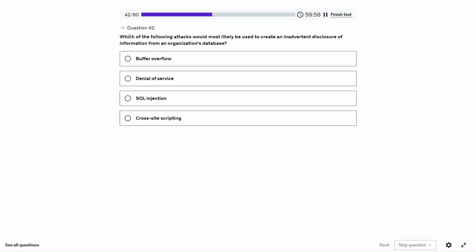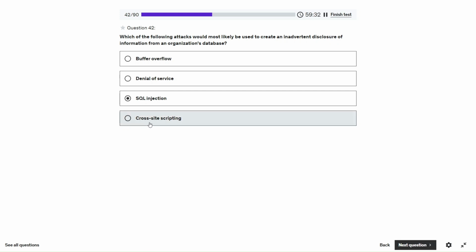is the right answer. Which of the following attacks would most likely be used to create an inadvertent disclosure of information from an organization's database? Inadvertent disclosure means getting data without permission using the attack. There is only one injection listed, so it should be SQL injection.